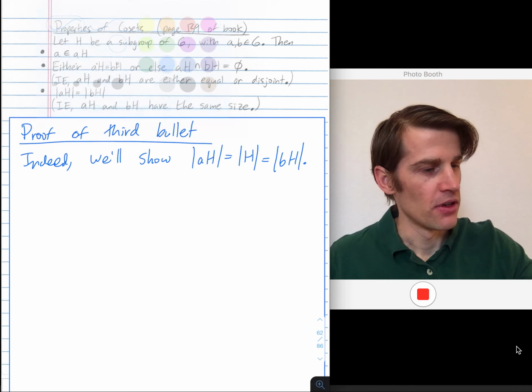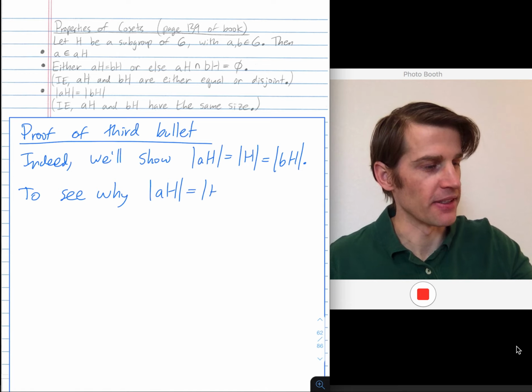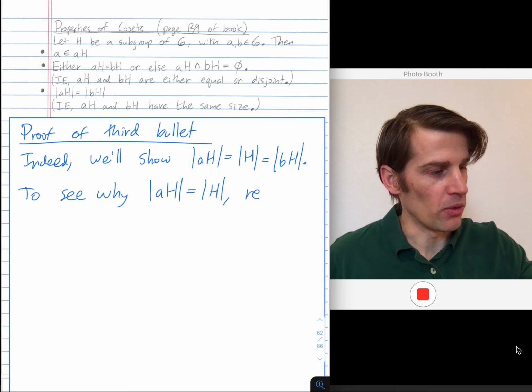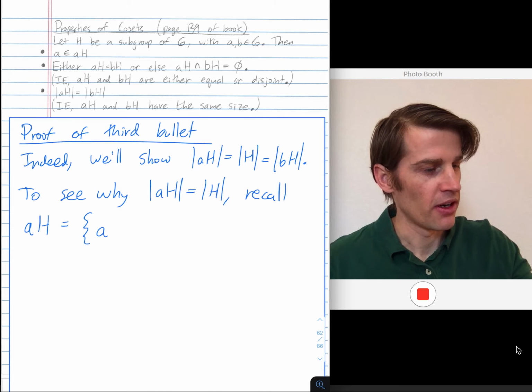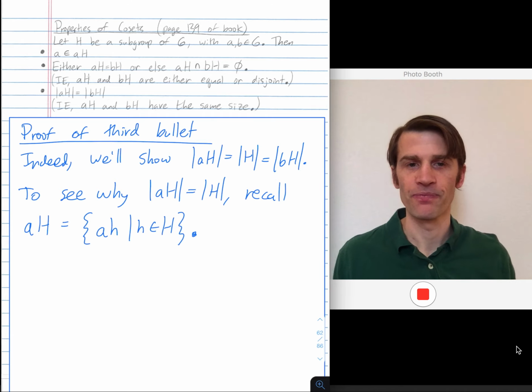So let's see why the size of the coset AH is just the same as the size of the subgroup H. We'll again recall the definition of the coset AH. It's a set of things of the form A times little h, where little h is an arbitrary element of my subgroup.